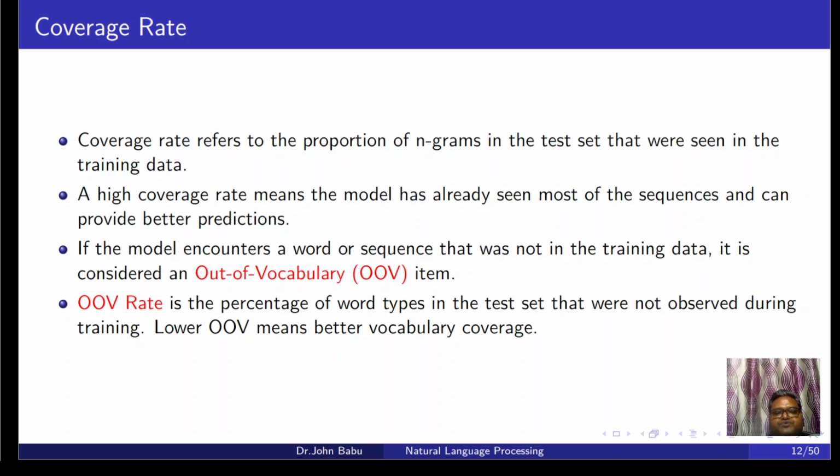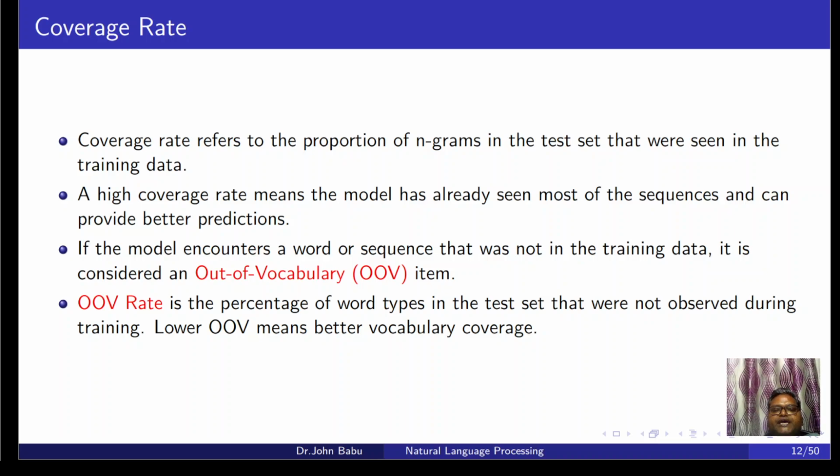That means if you have the test data sequence in the training data, it has better coverage and can perform well.